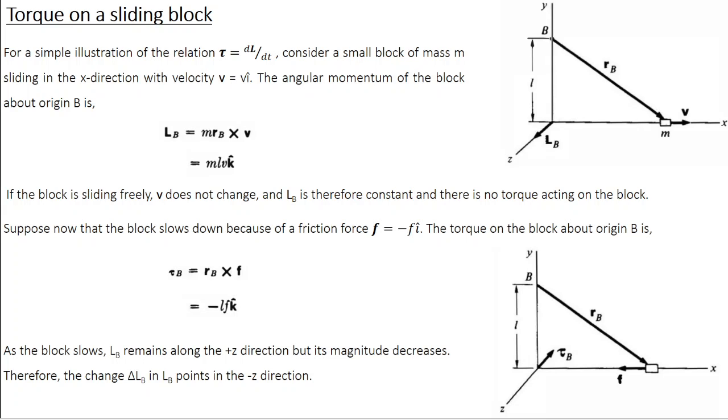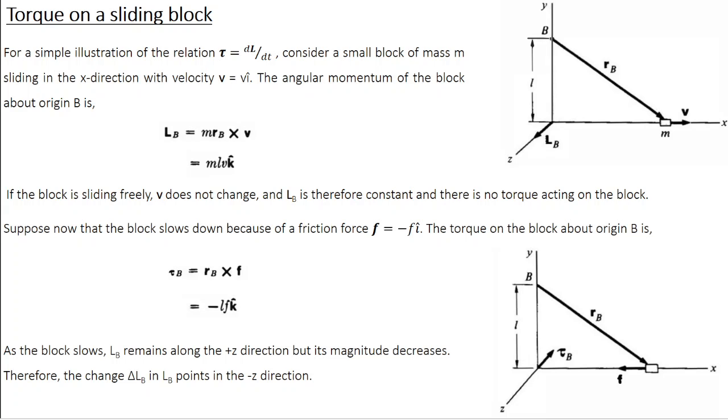On the other hand, if there is some friction exerted by the surface onto the block, what happens? So let's say that the frictional force acting on the block is F equal to minus f i cap. So this force is acting against the free motion of the block, which means the block is going to slow down.